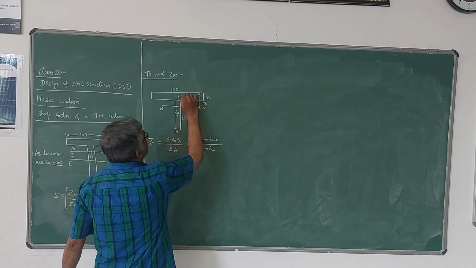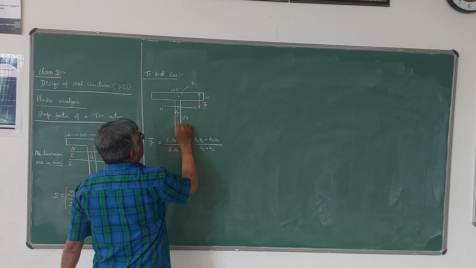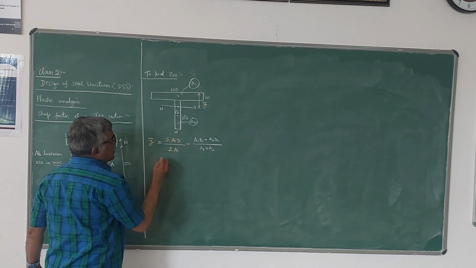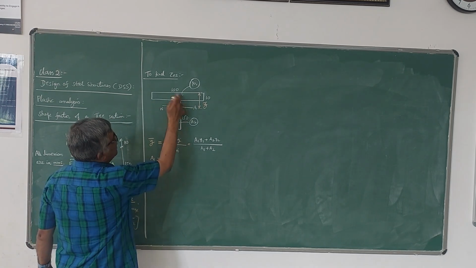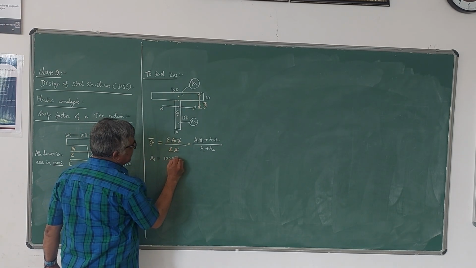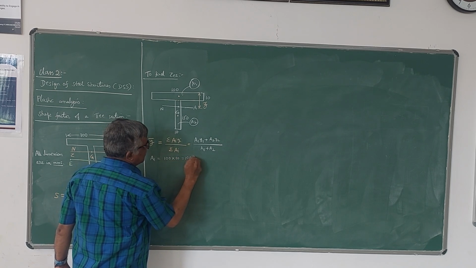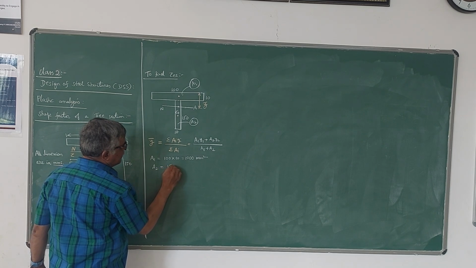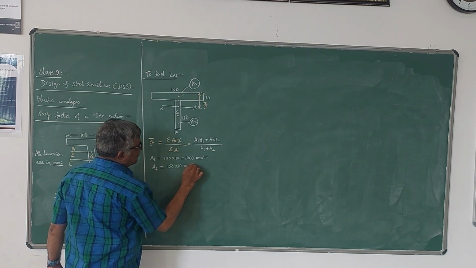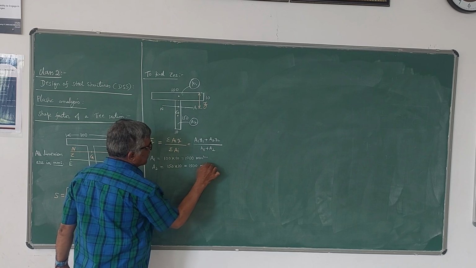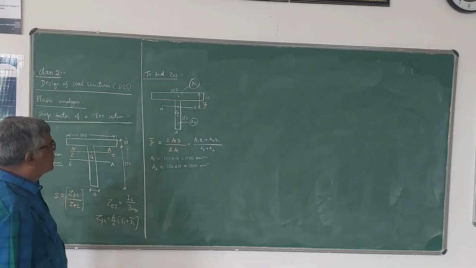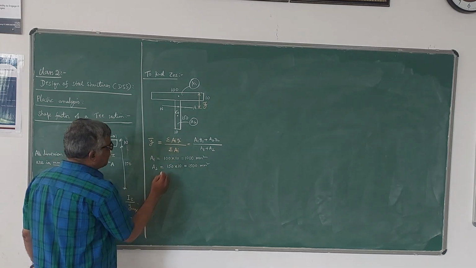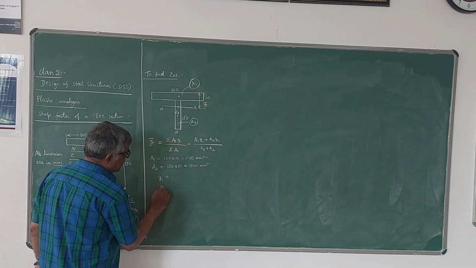A1 is 100 into 10, that is 1000 millimeter square. A2 is 150 into 10, the area of the web, 1500 millimeter square.